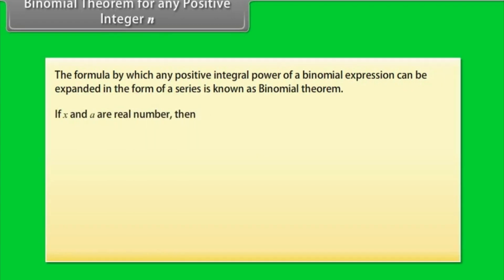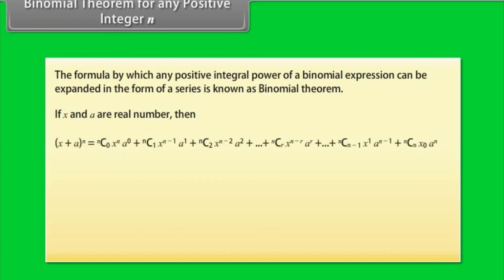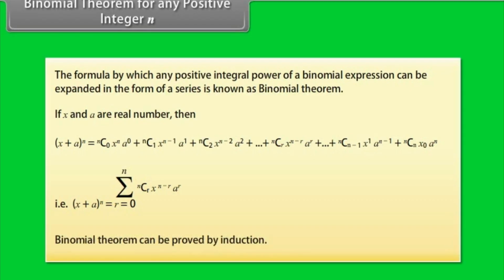If x and a are real numbers, then (x + a)^n = summation from r = 0 to n of nCr x^(n - r) a^r. The binomial theorem can be proved by induction.